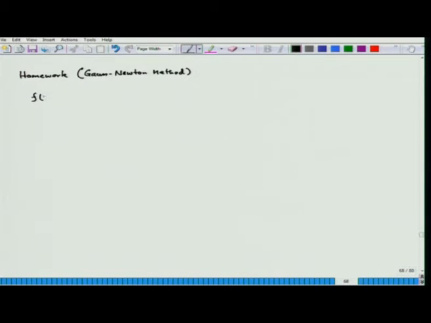So, consider f of x1, x2. This is my least squares problem. I have to minimize this.